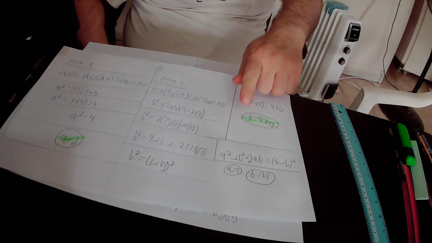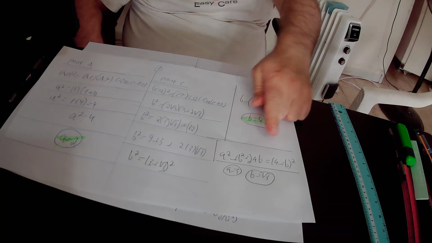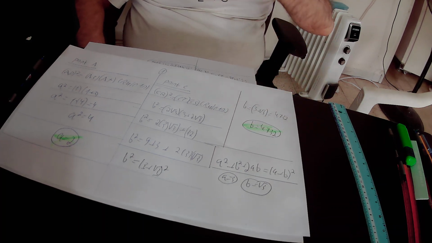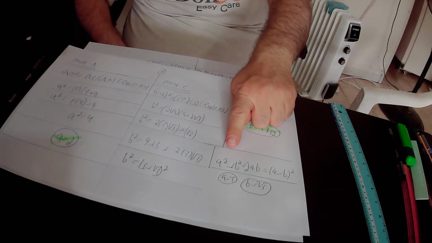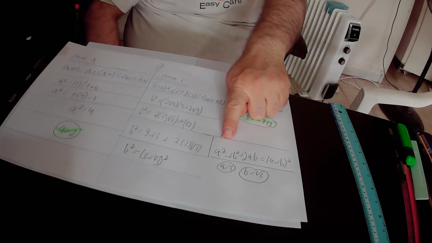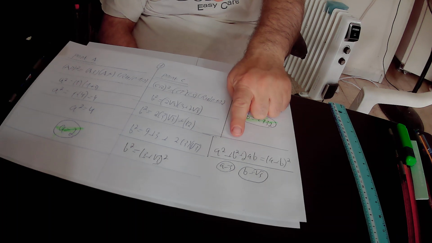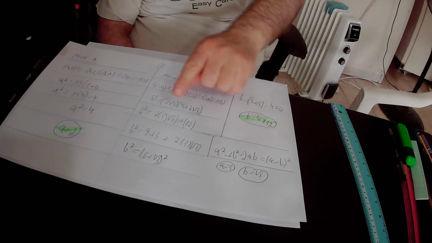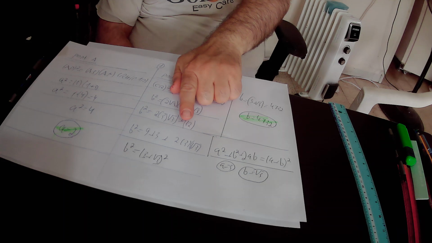So this expression, 9 plus 3 plus 2 times 3 times square root of 3, is very similar to the algebraic identity A square plus B square plus 2 times AB equals (A plus B) square. If we substitute A by 3 and B by square root of 3, we will get that A square plus B square plus 2 times AB equals exactly 9 plus 3 plus 2 times 3 times square root of 3.